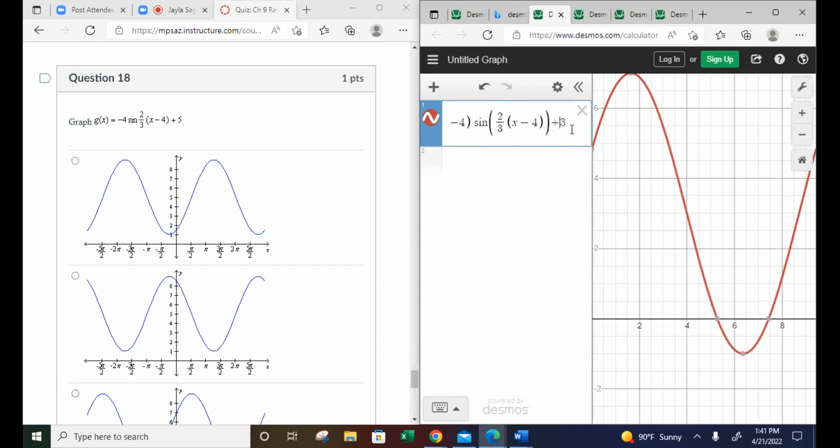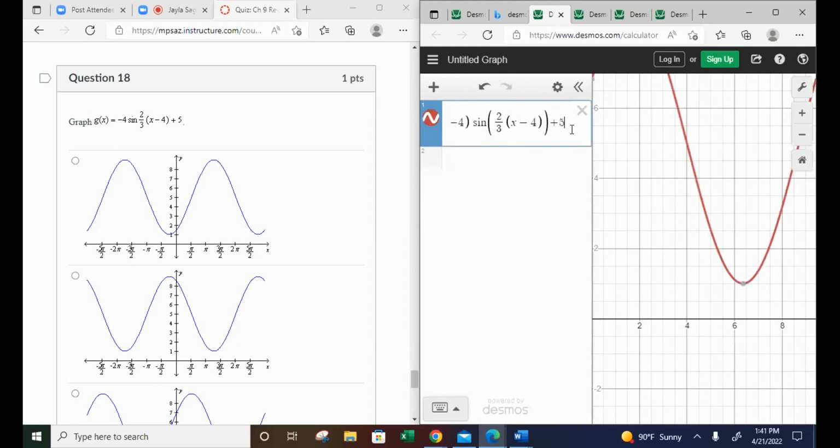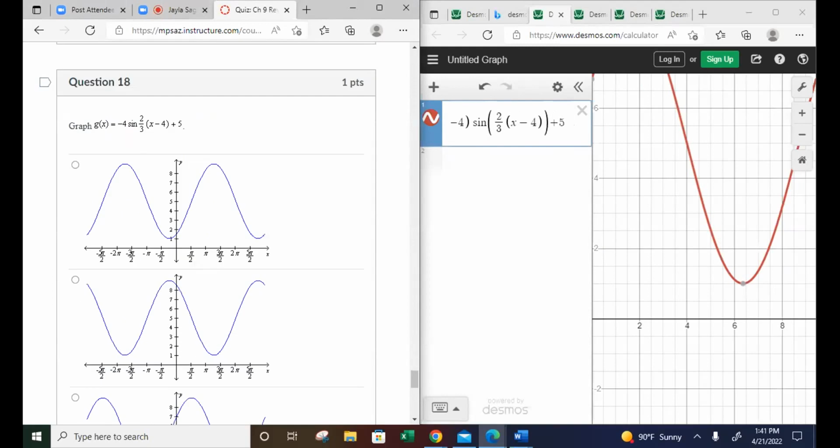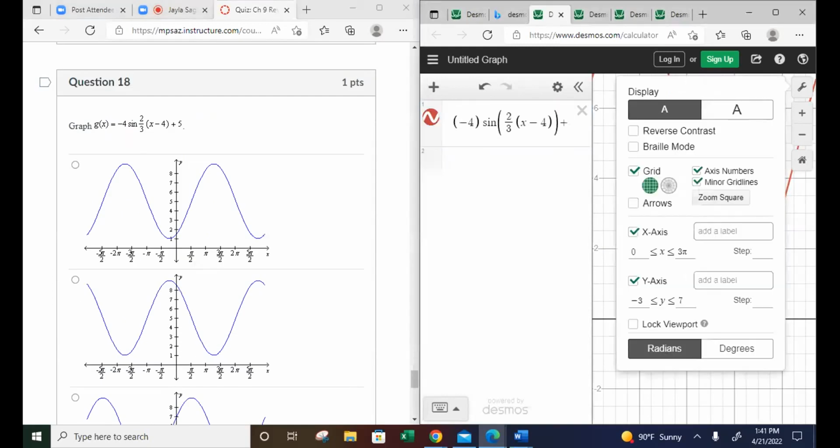Yeah, there you go. Got it. +5 there. So this time you might want to change your window first because you're not sure where you're looking at it. With that wrench again. So maybe go from like -3 pi to 3 pi on the x, and then on the y, maybe go from 0 to 8.